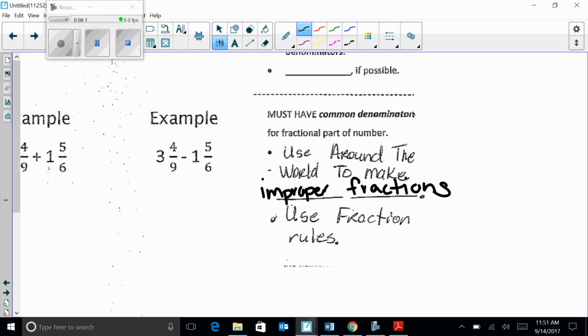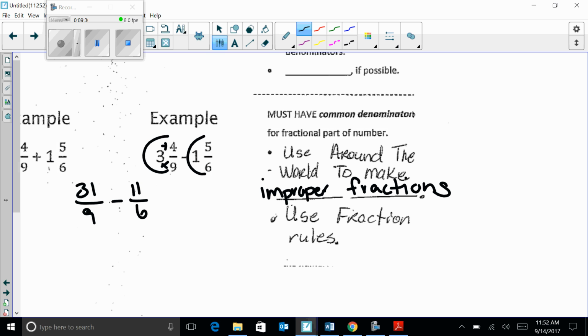So, let's do Around the World. These happen to be the same numbers that we just used, so they should be pretty easy for y'all to get. 9 times 3 is 27. 27 plus 4 is 31 over 9 minus, see, I remember the minus sign that time. 6 times 1 is 6 plus 5 is 11 over 6.